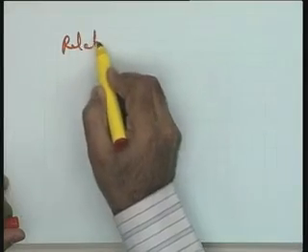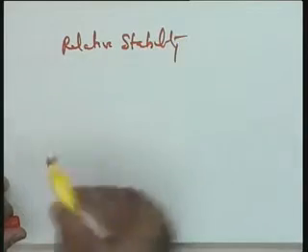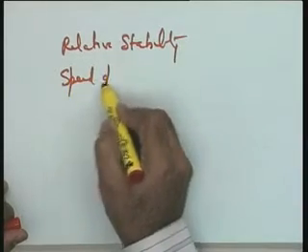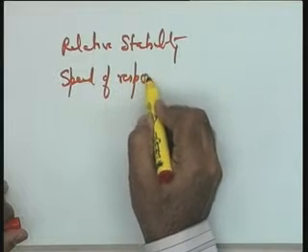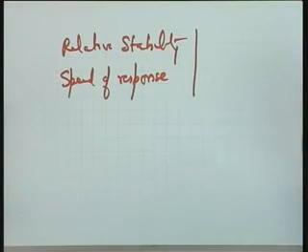The transient requirements, you know, are given in terms of relative stability and the speed of response.